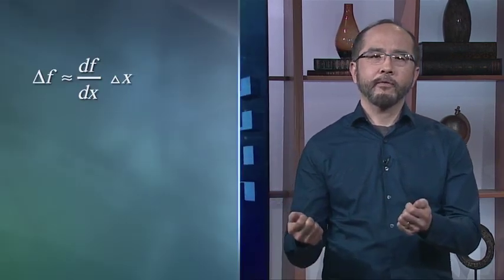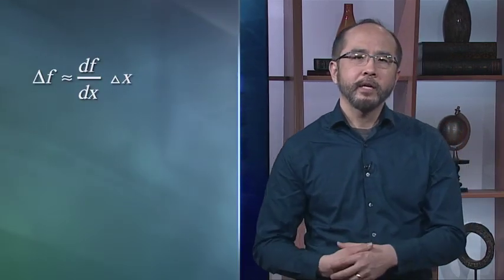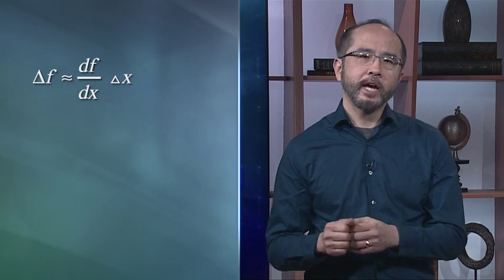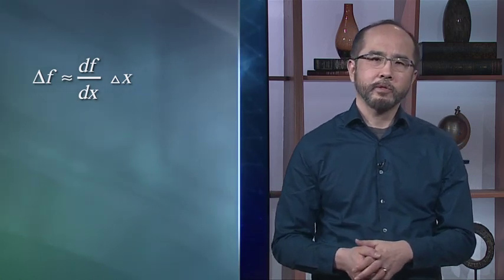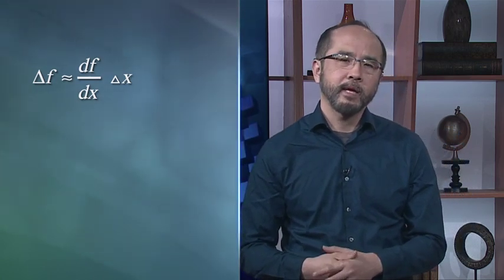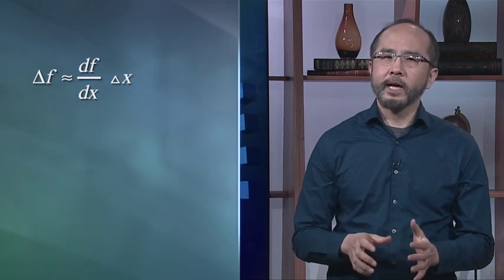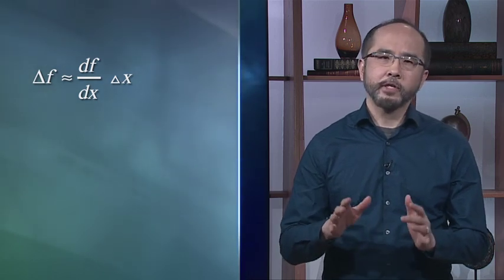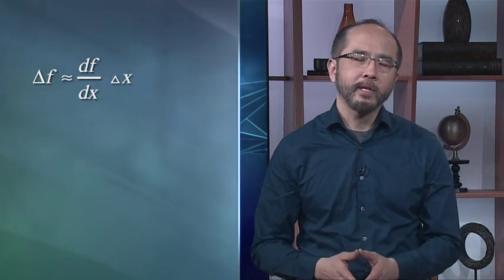Another way to think of a derivative is that it's a scaling factor that results from a small change in x producing some change in f. This change in f, which we write delta f, is approximately the derivative times the change in x, which we write delta x. This idea supplies us with a way to approximate a function f near a point a.